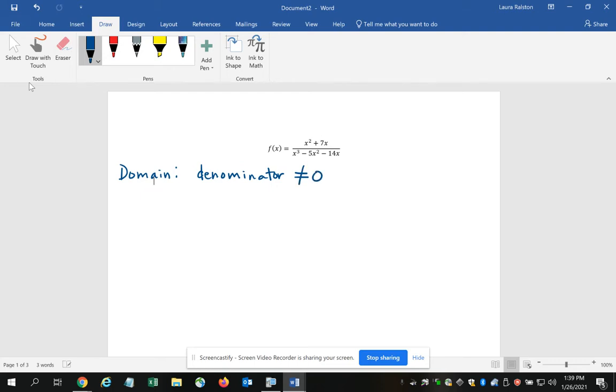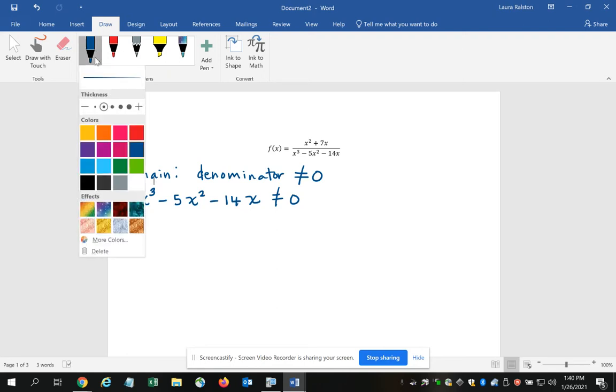So you have to remember in finding the domain that the denominator cannot equal 0. In this case, we would have our denominator, which is x cubed minus 5x squared minus 14x, not equal to 0.